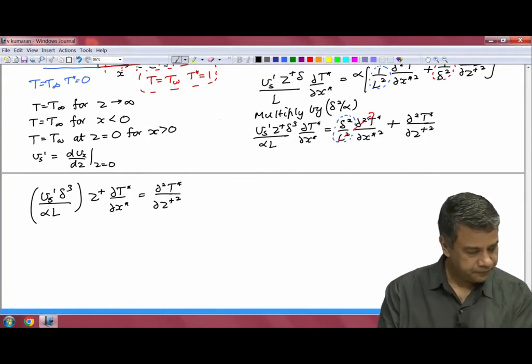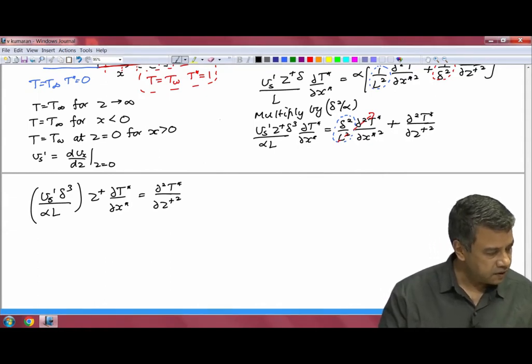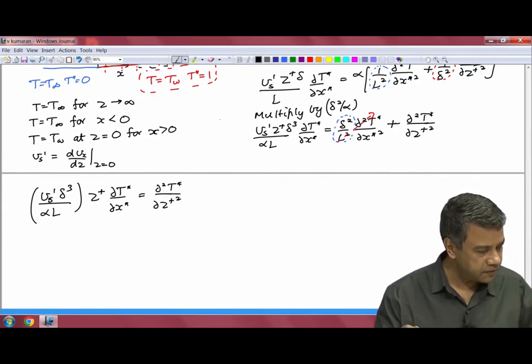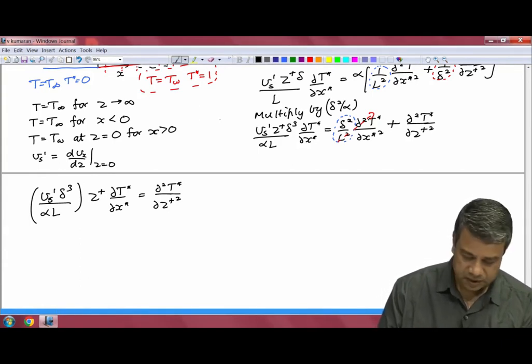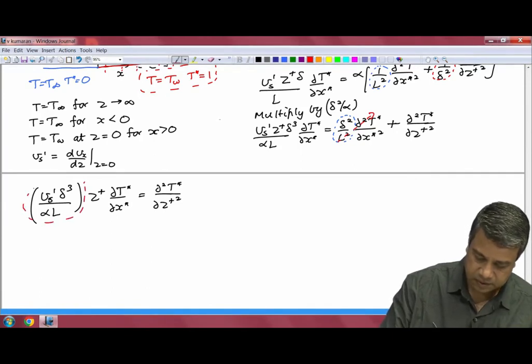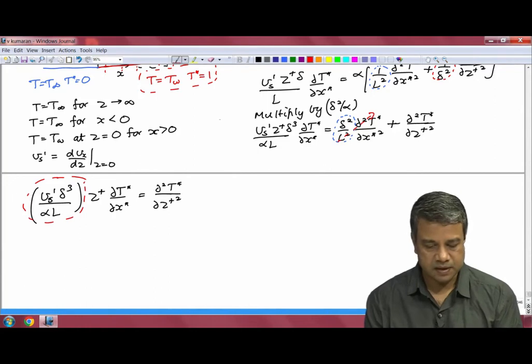And for convection and diffusion to be of equal magnitude in the limit as the Peclet number goes to infinity, what I require is that this parameter has to be order 1. You can easily verify that this parameter is dimensionless.